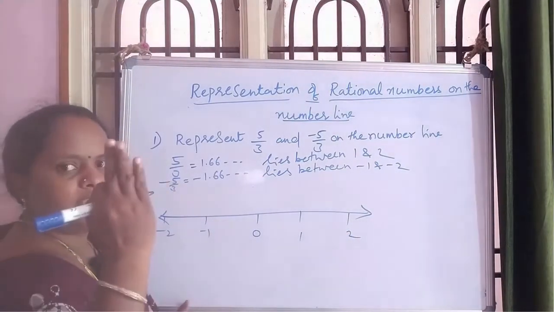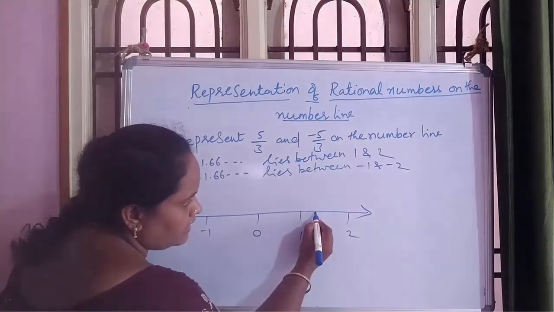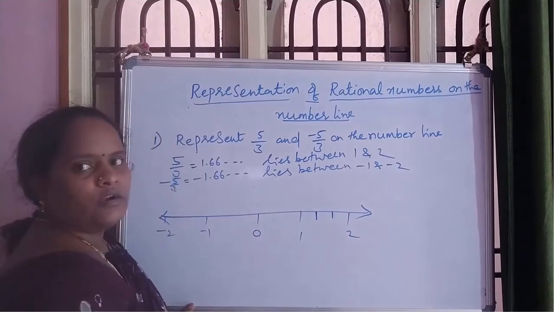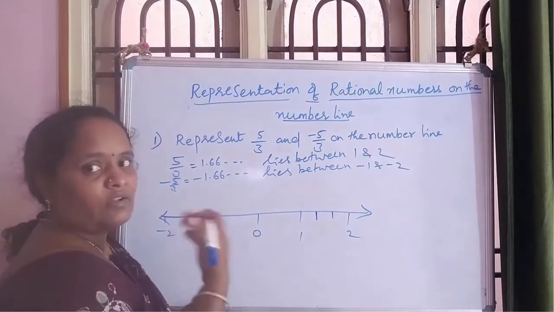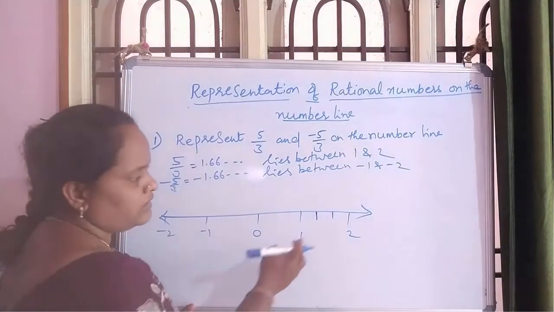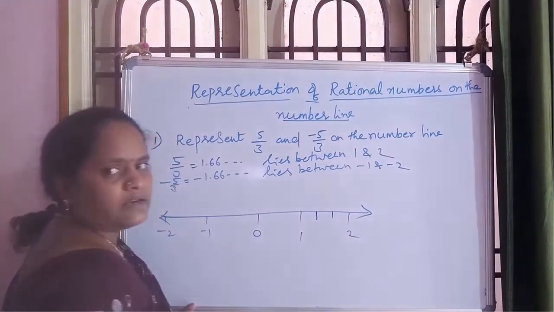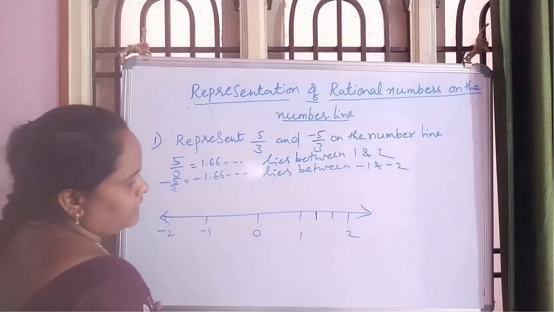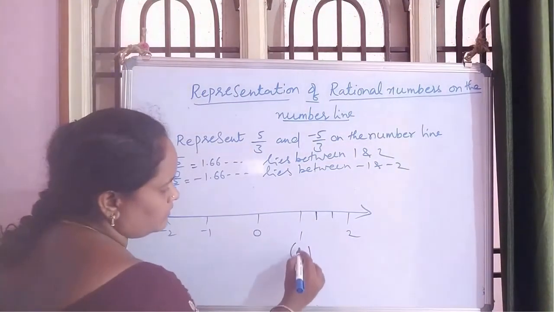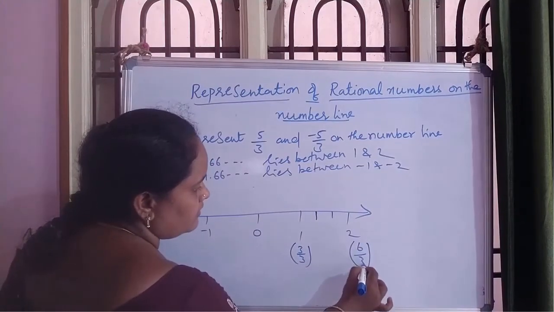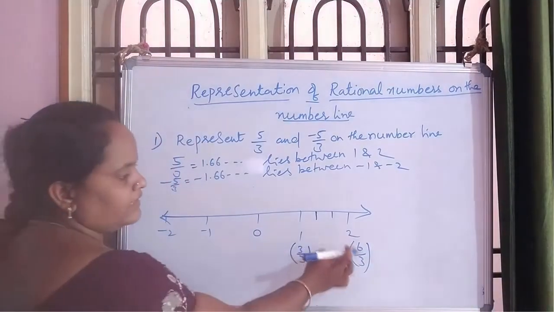For 3 equal portions, how many lines can I draw? If I draw 2 lines I will get 3 portions. If I draw 3 lines I will get 4 portions. So 2 lines I have drawn, 1, 2, 3 parts. So here this 1 can be written as 3 by 3. This is 6 by 3. So where is 5 by 3? 6 by 3 is nothing but 2.